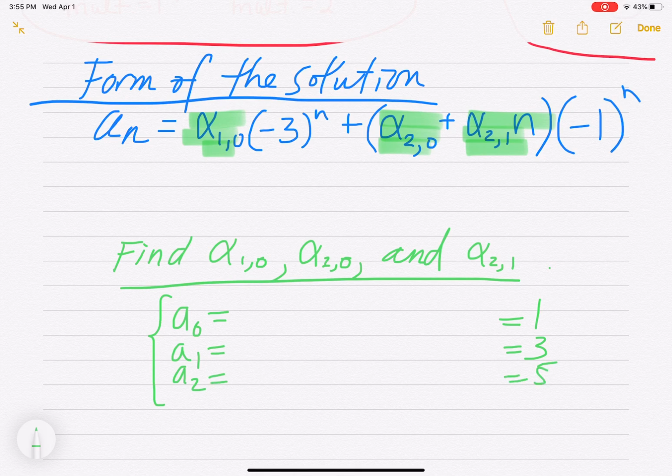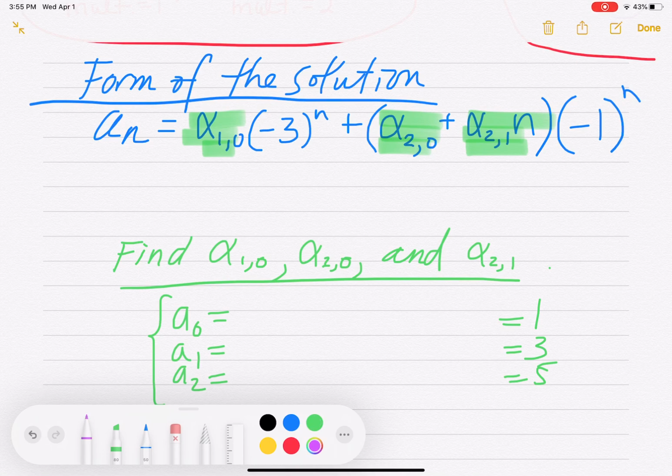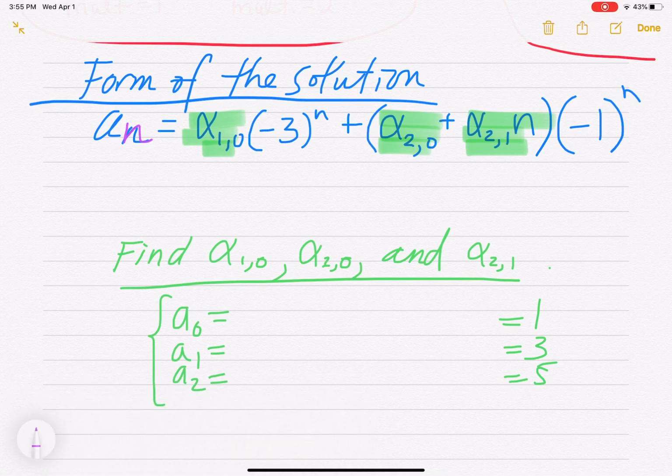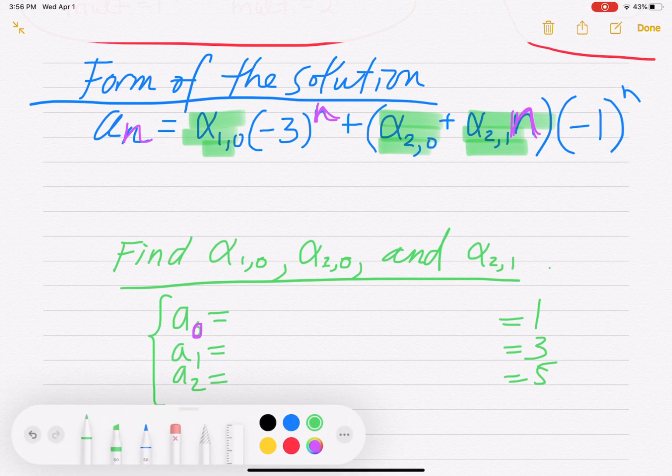So basically what we're doing, in place of these n's here, we're going to first start with a0, and replace the n's with 0.